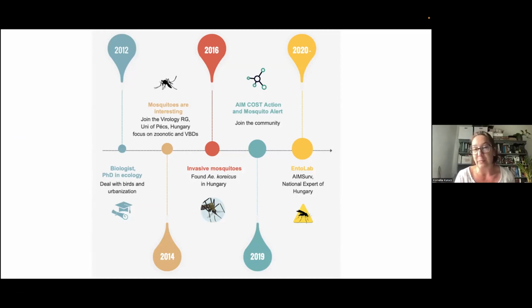It was accidental because before that, for 2 years, we tried to catch Aedes albopictus close to the country border, but we couldn't find it. We visited the typical point of entry sites, but we really didn't find any albopictus in that area.